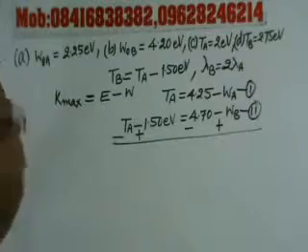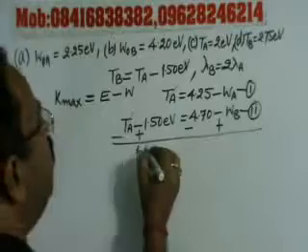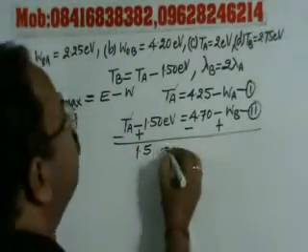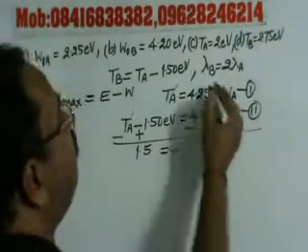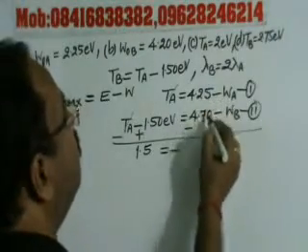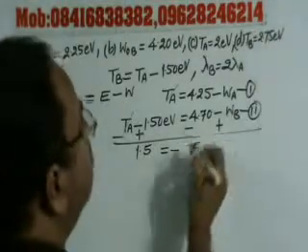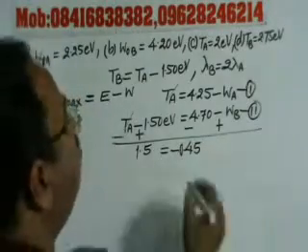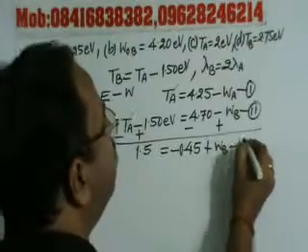So we can have, look, this Ta will cancel, and this will be equal to 1.5 electron volt equals minus of 0.45 plus Wb minus Wa.